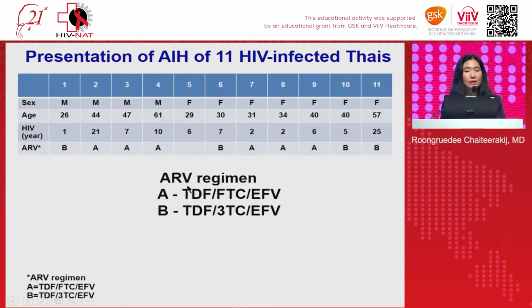This is the antiretroviral regimen that the patients received when they were diagnosed with AIH. Half of them received tenofovir, emtricitabine, and efavirenz, and half of them received tenofovir, lamivudine, and efavirenz.